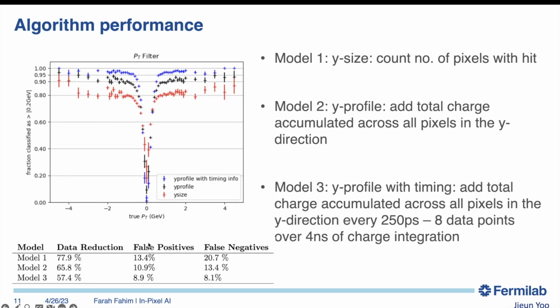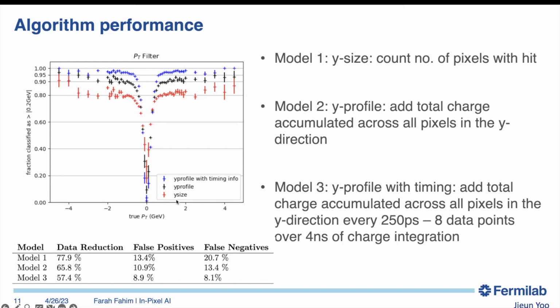That's something that had to be identified as a low momentum track, but got identified as a high momentum track. And there are 20% false negatives, which means the track cluster, which we expected to be identified as a positive or a high momentum cluster, got identified as a low momentum cluster.